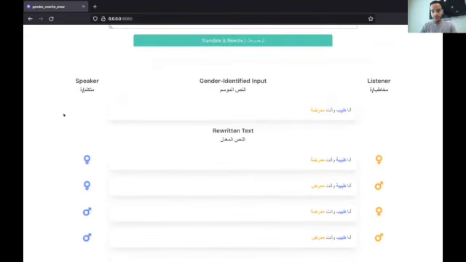We will see that the Google translation output is أنا طبيب وأنت ممرضة. The blue colored words indicate the speaker, whereas the orange colored words indicate the listener.